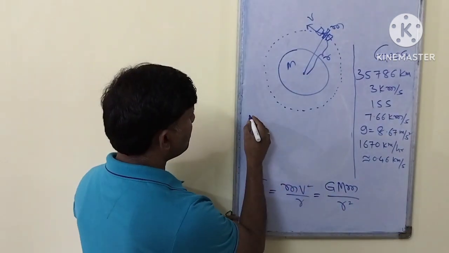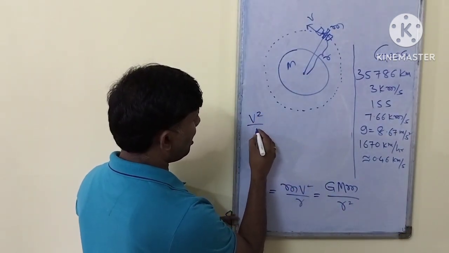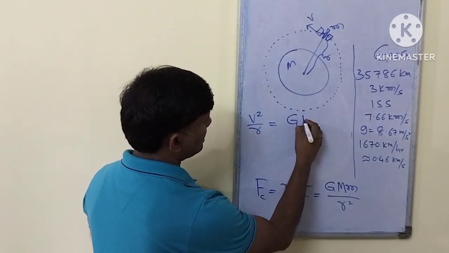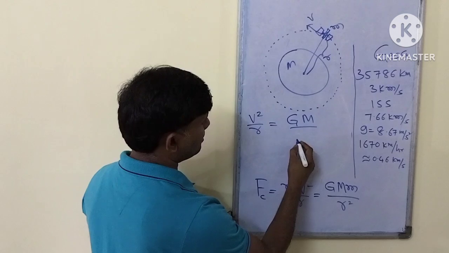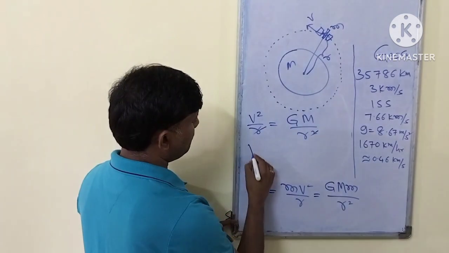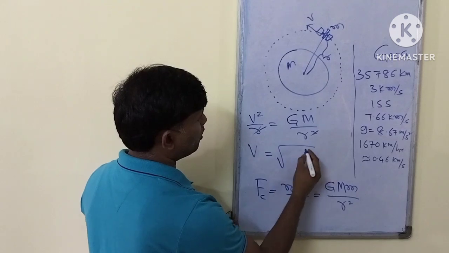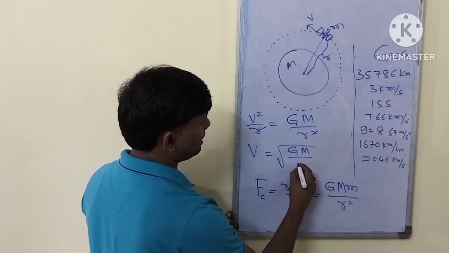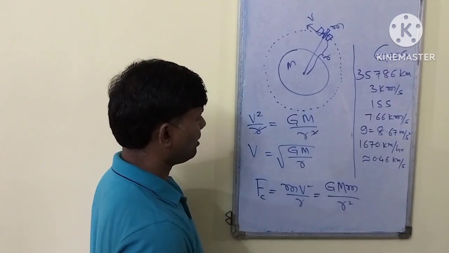What is left? v square by r is equal to capital G, capital M divided by r square. This r will cancel. v is equal to under root of capital G, mass of the Earth, divided by r.